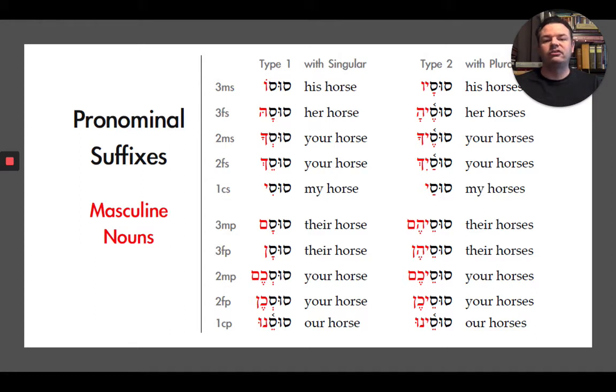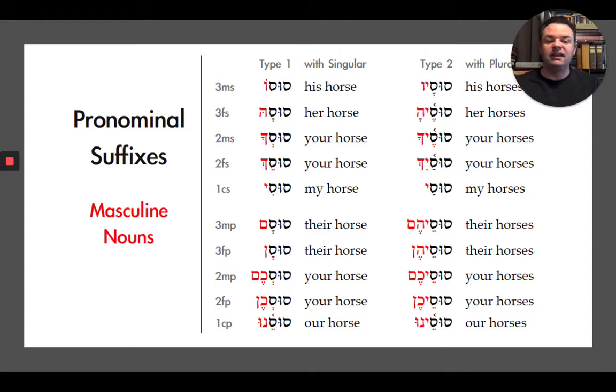Susa, her horse. Suska, your horse. Susake, your horse, depending on masculine and feminine. Susi, my horse. Susam, their horse. Susam, Susan, their horse. Again, masculine and feminine differences there. Kim and kin at the end there, and then anu for the 1CCP, Susenu.